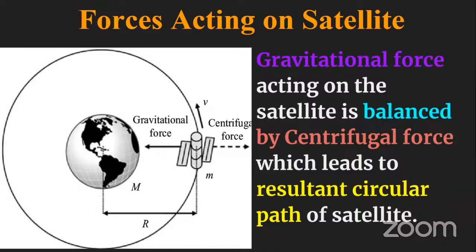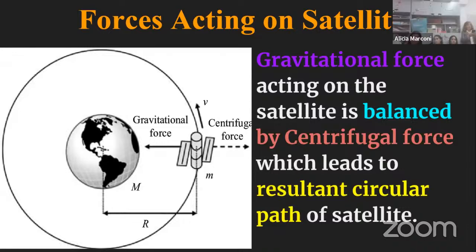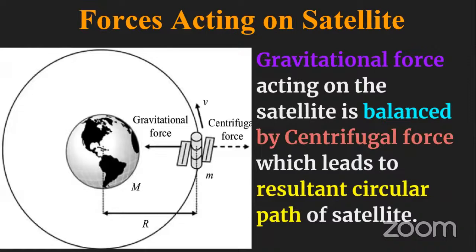So first, let us try to understand. Be it an artificial satellite, a natural satellite or the planets, you must have studied basic physics. I'll just revise that basic physics here again. Any body which is performing a circular motion requires a centripetal force, that is nothing but center seeking force.